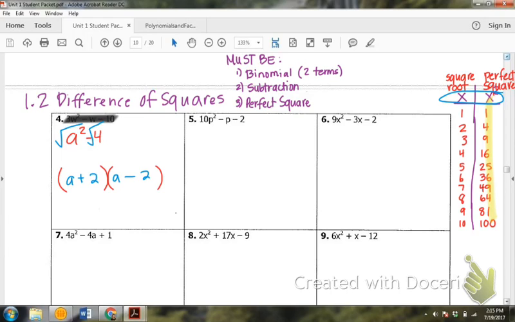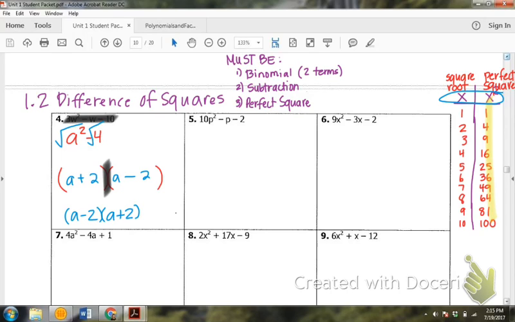One is plus, one is minus. It doesn't matter which one is which. You could also write it like this, a minus 2, a plus 2, and it's going to be the same thing. There should not be any space between your 2 parentheses. They should be right next to each other, touching each other. That's difference of squares. The square root, you don't have to write that. That's just kind of showing your work, okay?